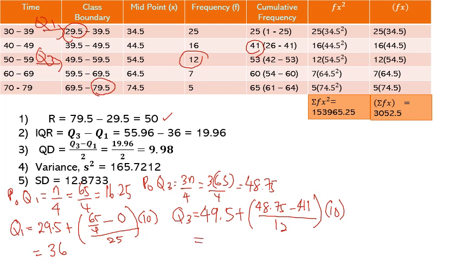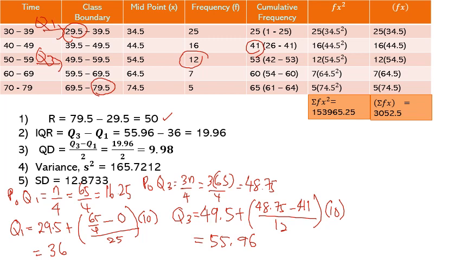So you must get the answer 55.96. So the interquartile range, Q3 minus Q1, is 55.96 minus 36, we got 19.96.